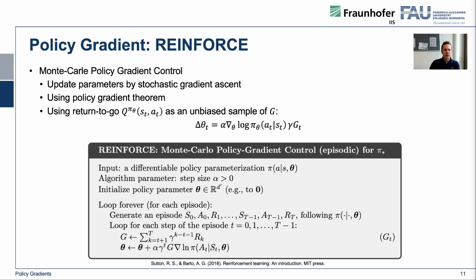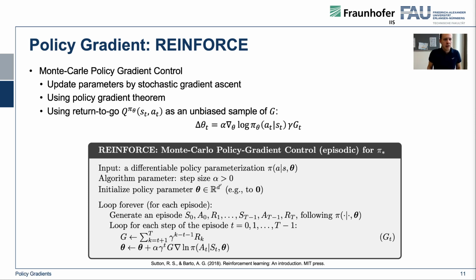We will also build some intuition around this, and maybe let's just go through the pseudocode shortly. The input to your algorithm is a differentiable policy defined by some parameters theta, which in the easiest case could be a neural network. It could also be some smaller thing that you can calculate analytically. Then you define a step size alpha, a small learning rate, and you initialize the policy parameters theta maybe to 0 or something.